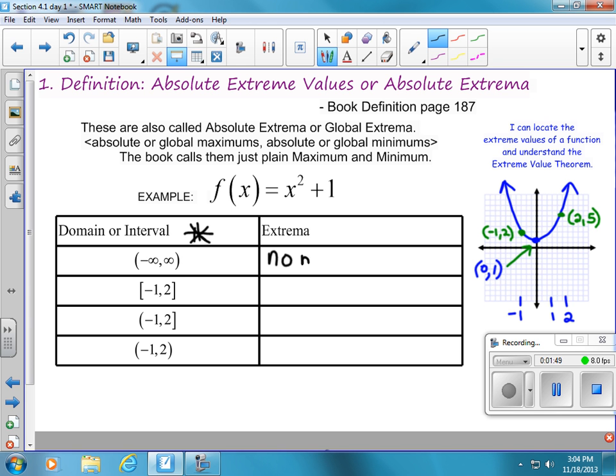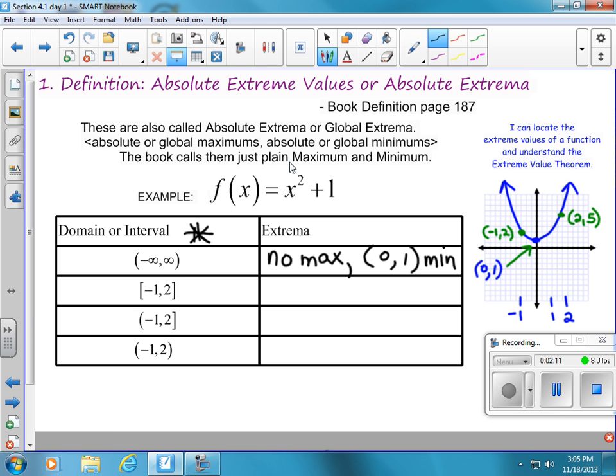There is no global maximum because it goes to infinity. Now, there is a global minimum, and it occurs at (0, 1). So the minimum is actually 1.